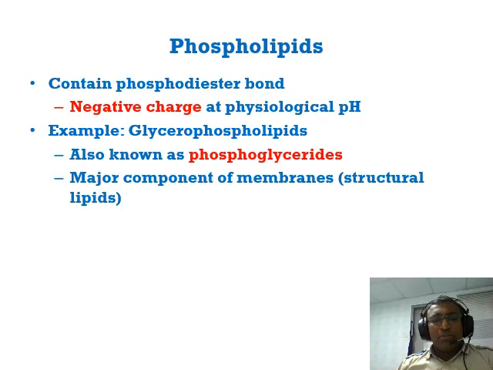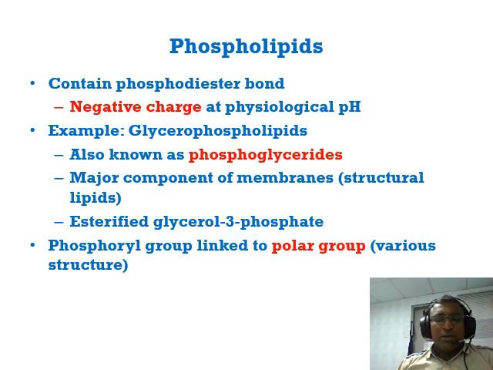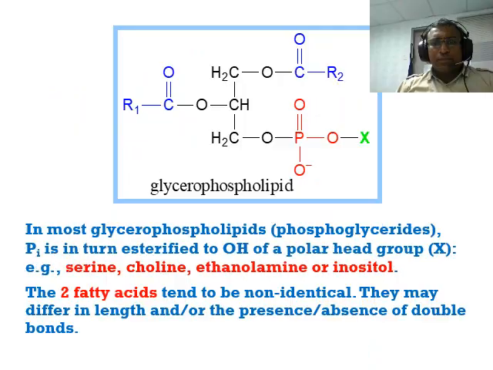It makes up the lipid bilayer of the cell membrane, so it contributes to the structural part. Glycerol 3-phosphate, which happens to be found in the glycolytic pathway, an intermediate of the metabolic pathway, can be used as a precursor to build this phospholipid by adding fatty acid as well as the phosphate, and also a polar group attached to the phosphate. This polar group is the one we will see in the next slide.